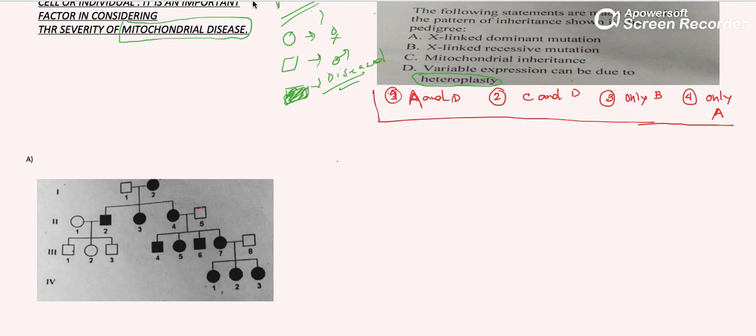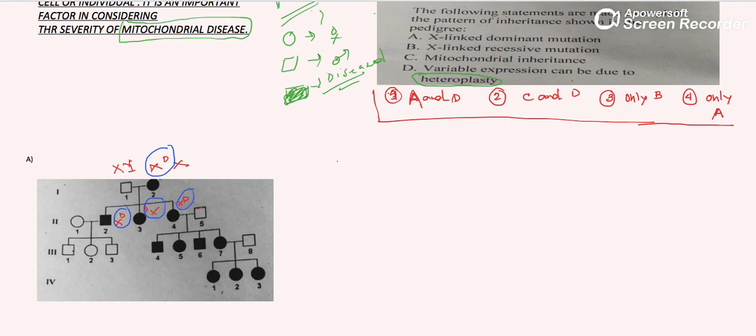Firstly, they have given that it may be an X-linked dominant mutation. Suppose the disease allele is X^D. As per dominant inheritance, in the first generation they have 3 children and all of them are affected, because one X comes from the mother in both male and female children. So the diseased X has come here and all of them are affected.